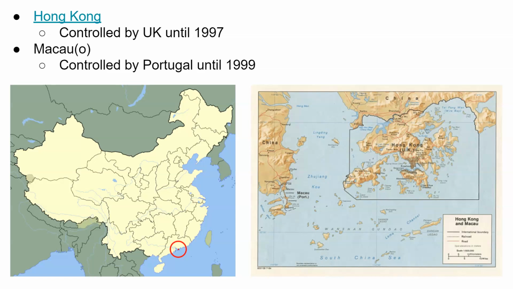And these two regions I want to talk about, first one is Hong Kong. So Hong Kong previously was controlled by the United Kingdom, and this was true actually until 1997, in which it became an independent entity. Now, when Britain left this region, part of the agreement that they had with China is that it would remain somewhat independent, and that you had a group that, while ethnically very similar to China, had lived a lifestyle that was maybe a little bit more European.